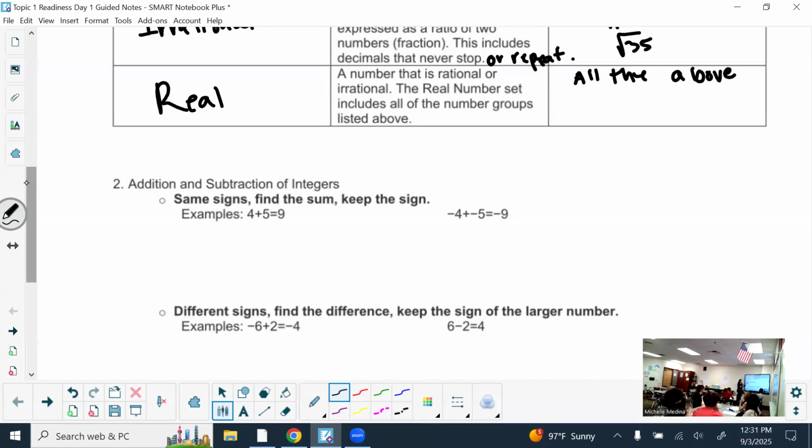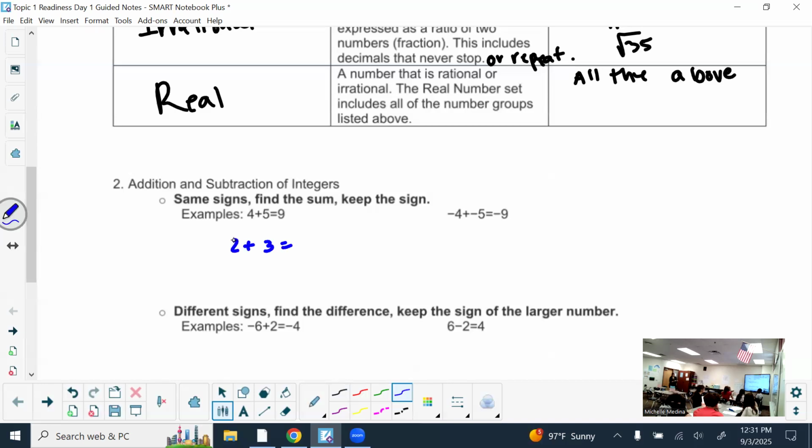If they're the same sign, you're going to add the numbers together and keep the sign. So when I'm adding two positives, my answer will always be positive. Okay, good. So 4 plus 5 is 9, easy, right?